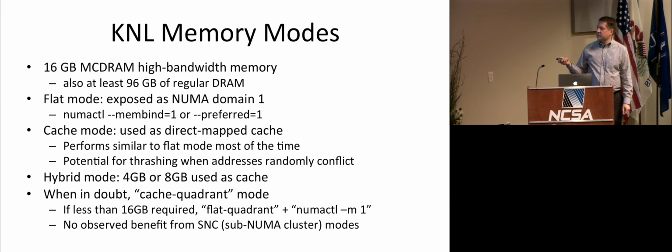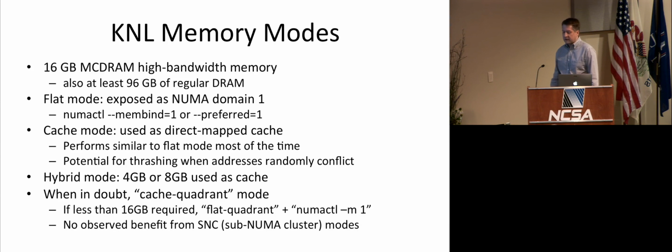You have two choices, flat mode, in which the high bandwidth memory is exposed as a separate NUMA domain. So all your cores live on NUMA domain 0, and anything that you want in high bandwidth memory, you put in NUMA domain 2. If you were lucky enough to fit completely in that 16 gigs of memory, you can just say numactl membind equals 1 or preferred, and you get most of the benefit.